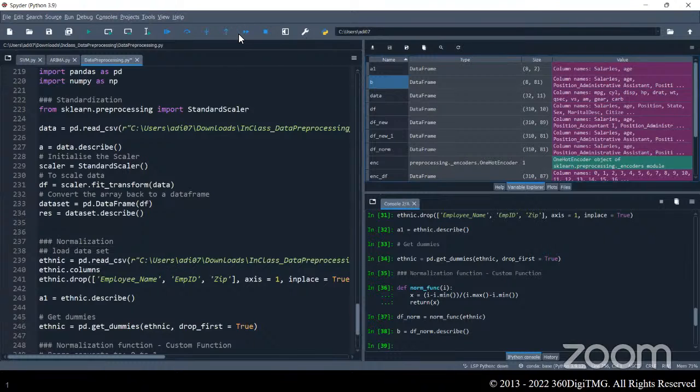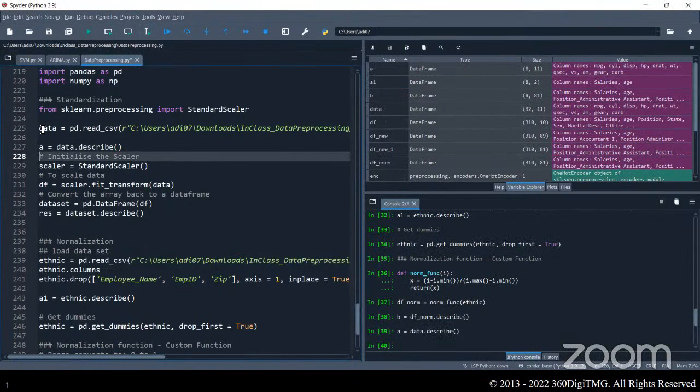In standardization, we take any value of X, we subtract its mean, and we divide it by the standard deviation. What happens in this is mean becomes 0 and standard deviation becomes 1. Okay. So we'll run this.